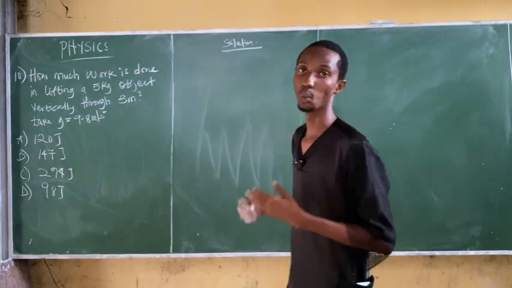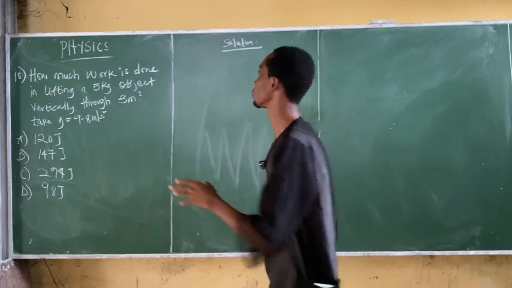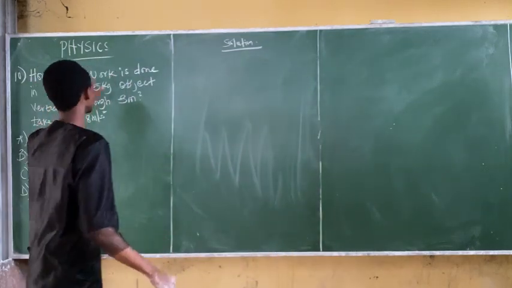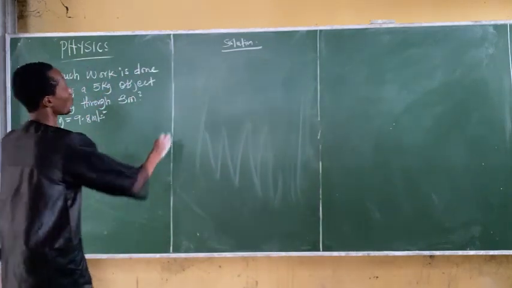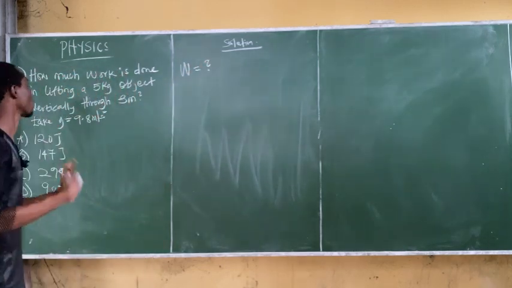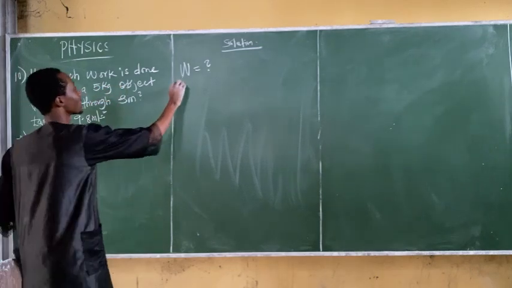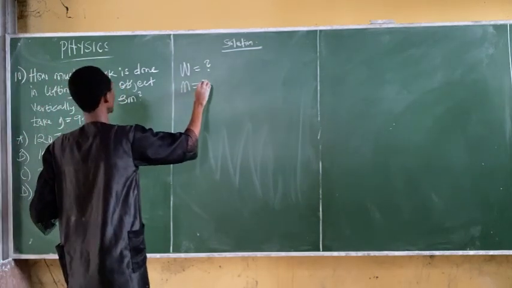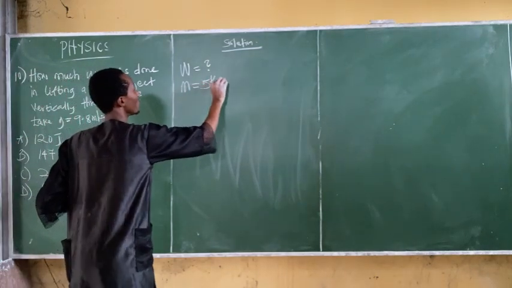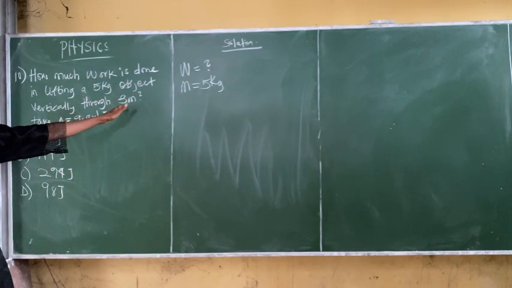This question is on work, energy, and power. From the question we are given, you see how much work is done. So work done is what? Unknown. They say find it. We have mass from the question to be what? 5 kg. It's vertically through 3 meters.